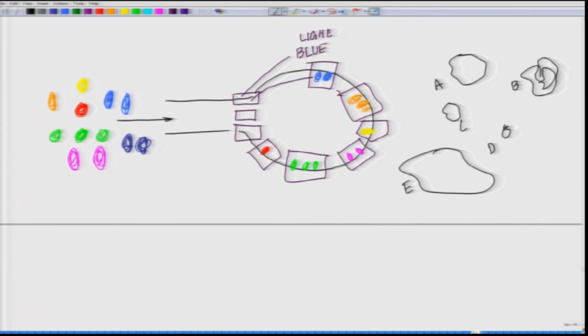I told you one option I have is that I separate them out by density gradient, which is actually possible. But if they are of the same size, then the density gradient won't work out.